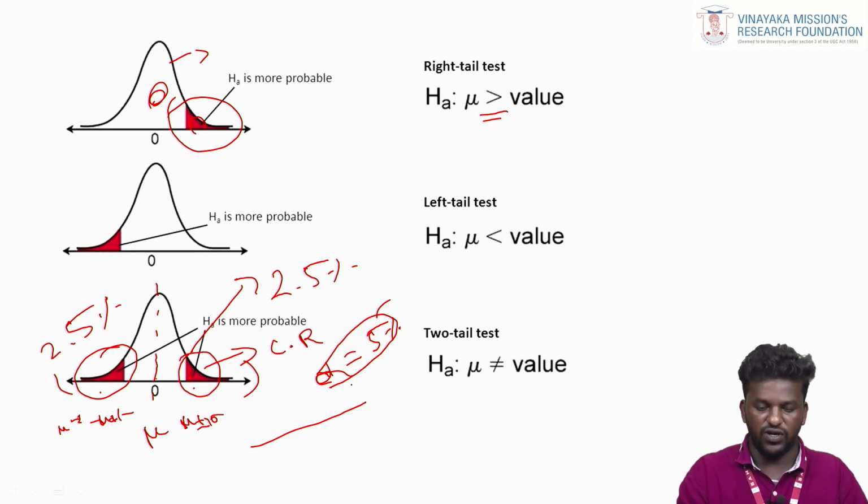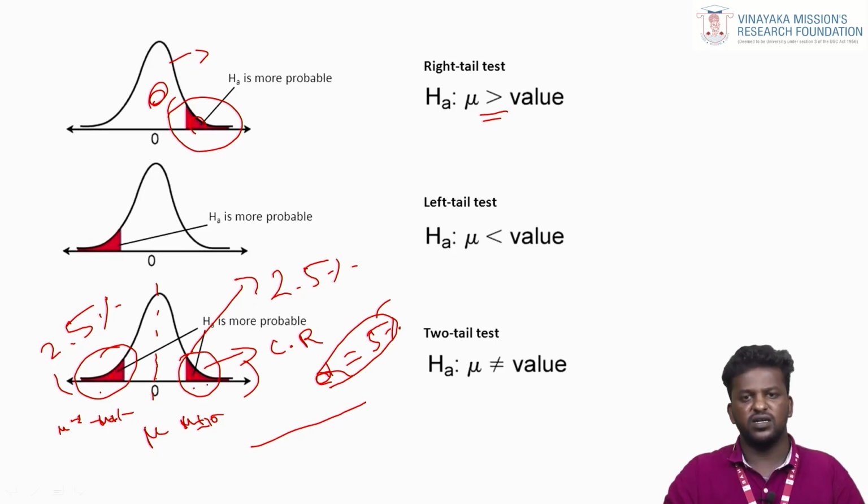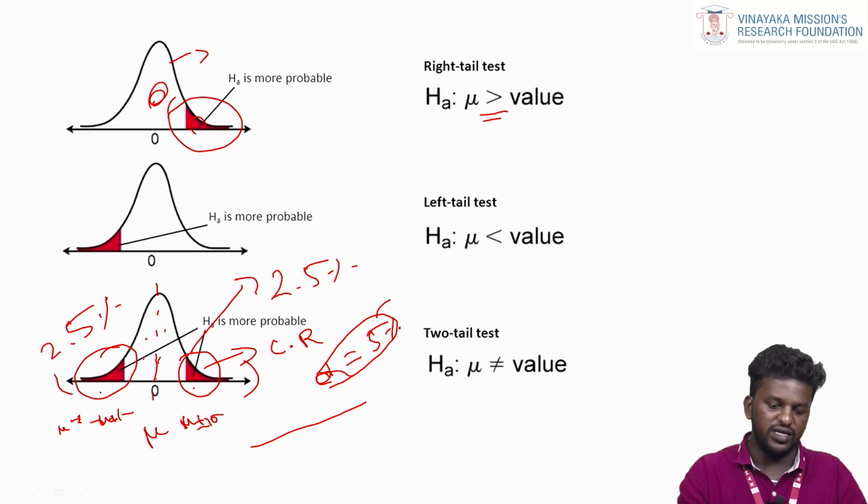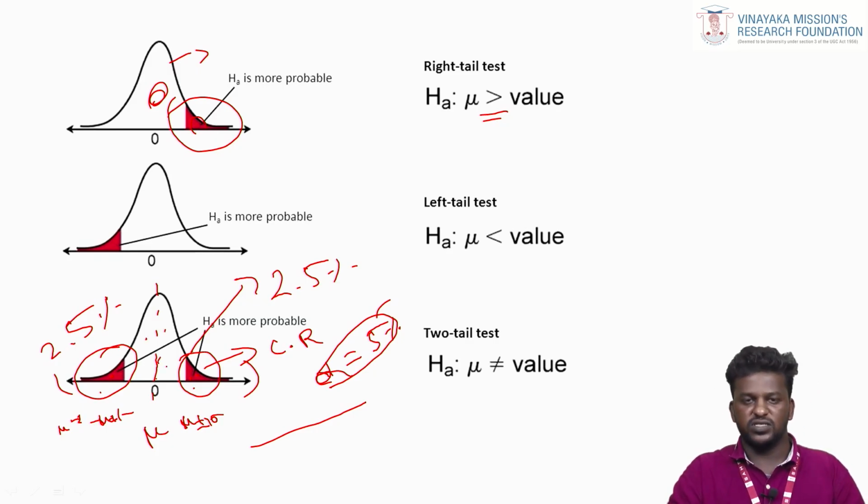Okay. So for two tail test, the critical region, I mean the rejection region, is placed on the two side tails of the normal curve. If our test statistic falls in that area on either side of the curve, it means our null hypothesis is rejected. Otherwise, if it falls in the other region, the null hypothesis is accepted, I mean we fail to reject the null hypothesis.